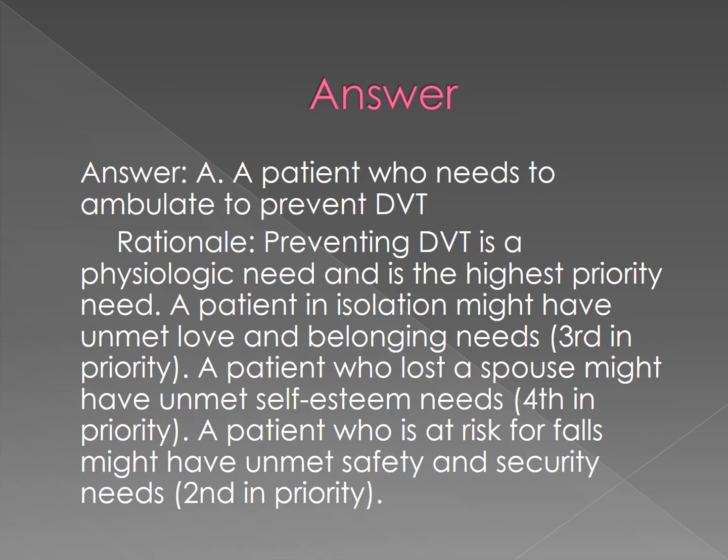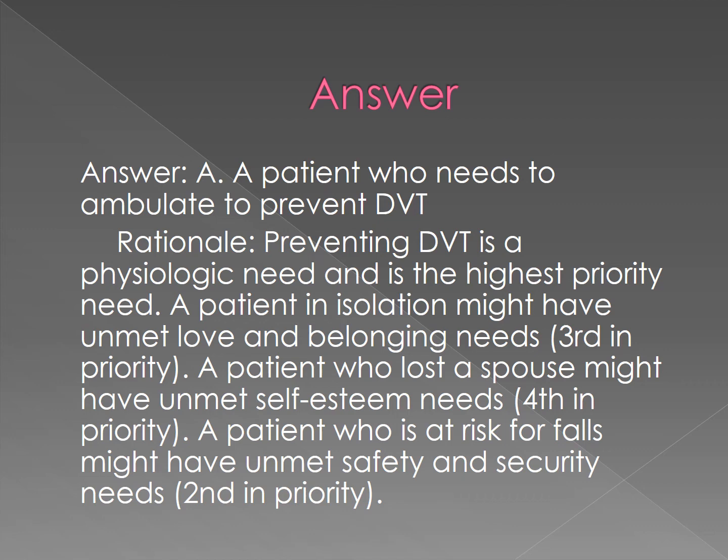Answer A, a person who needs to ambulate to prevent DVT. And the rationale is preventing DVT is a physiologic need and is the highest priority need. A patient in isolation might have unmet love and belonging needs, which is a third priority. A patient who lost a spouse might have an unmet self-esteem or love and belonging need, and that would be the third or fourth priority.